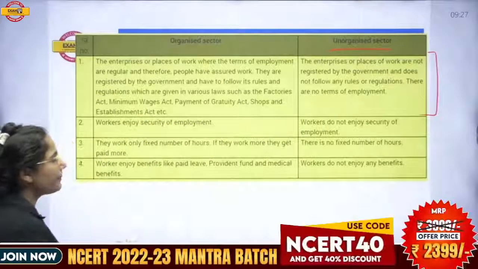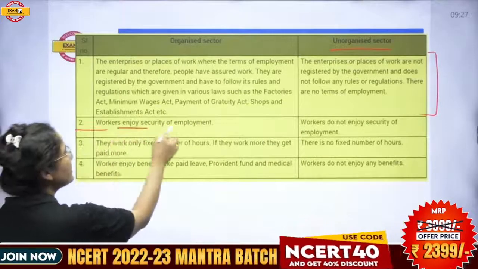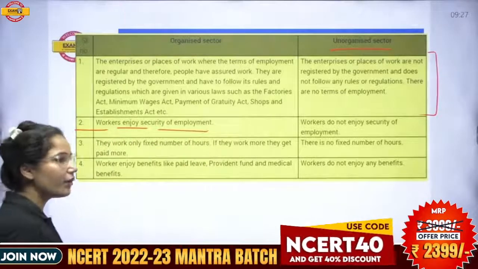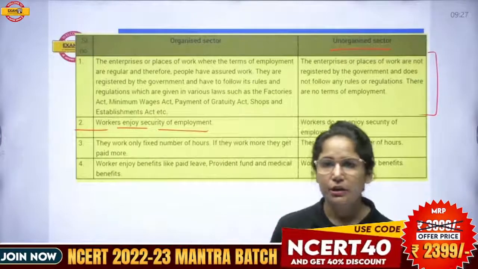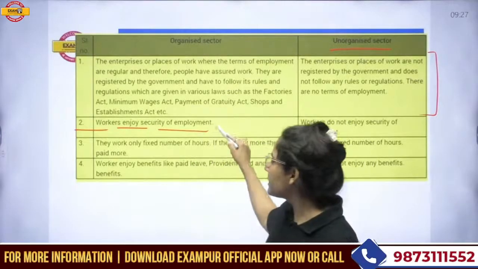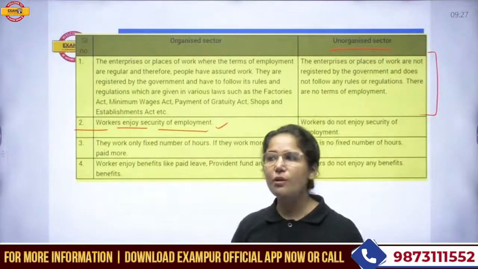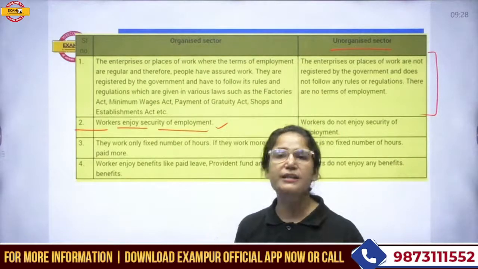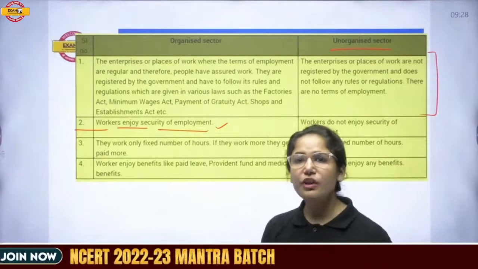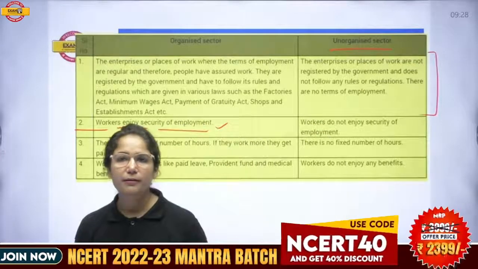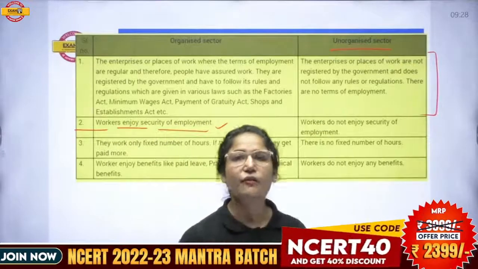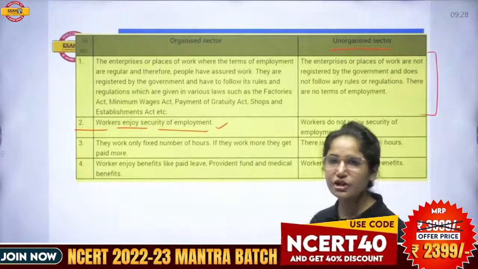Okay, next is that a worker enjoys security of employment. Obviously, everything is on the basis of terms and conditions. Proper norms and social security are prescribed, so there would be more security. Nobody can just create a kind of critical situation for you.